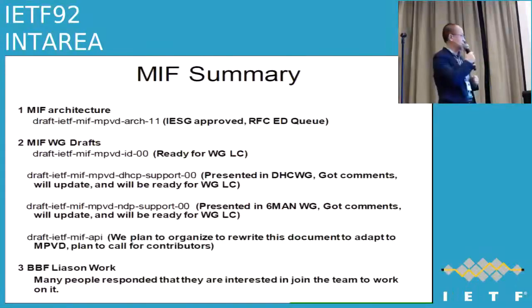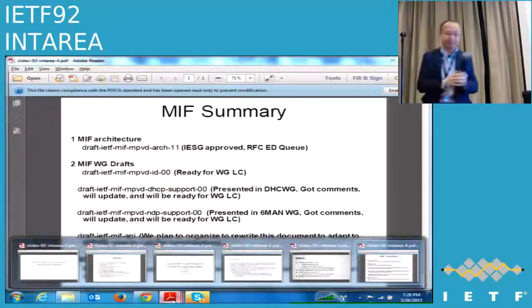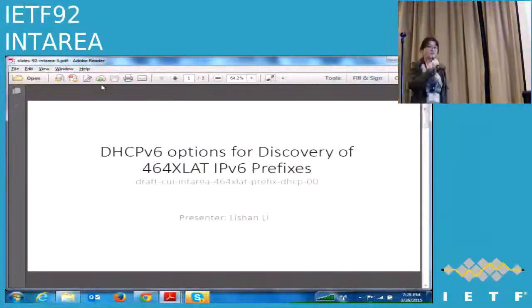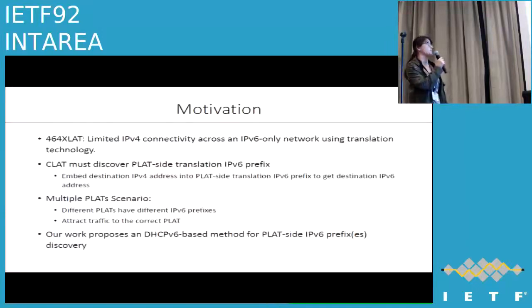Lishan? The topic is DHCPv6 options for the discovery of 464XLAT IPv6 prefixes. 464XLAT provides IPv4 connectivity across the IPv6 network using translation technology. In the translation process, the CLAT must discover the PLAT-side translation IPv6 prefix.